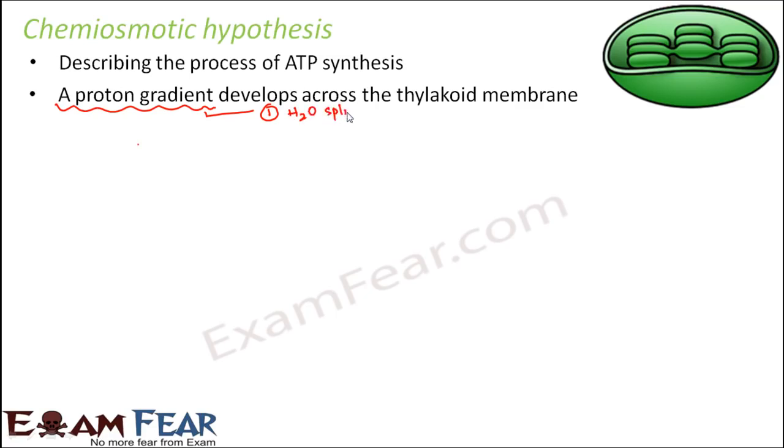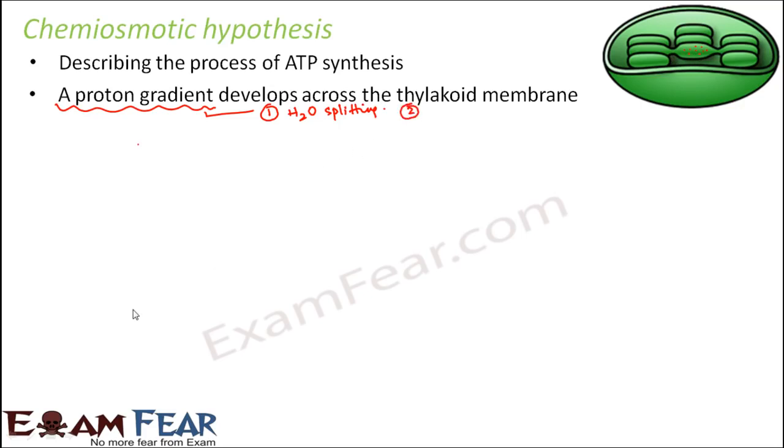During this reaction, a lot of protons are produced, and those protons will get accumulated in the thylakoid space. So the protons will get accumulated in the thylakoid space. So that is one way by which the concentration of protons inside the thylakoid space will increase.